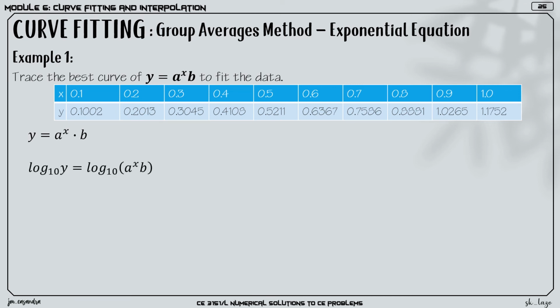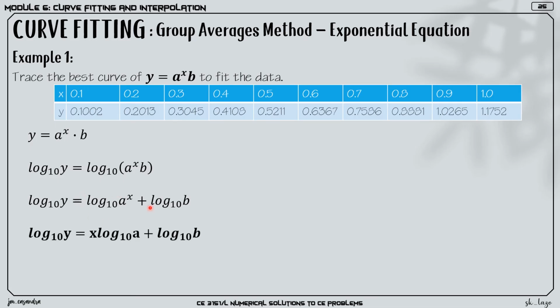So we'll have log y equal to the log of a^x times b. From your algebra, we simplify the logarithm of a product as the log of a^x plus log of b. And again, we could simplify a^x as x log a.